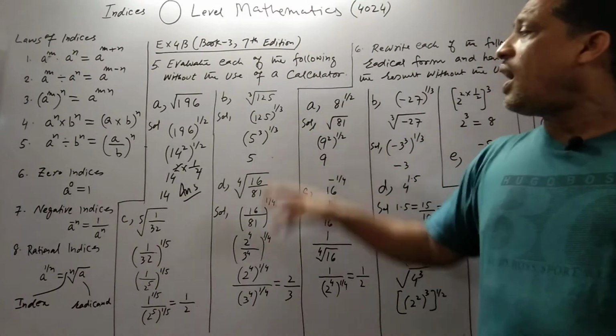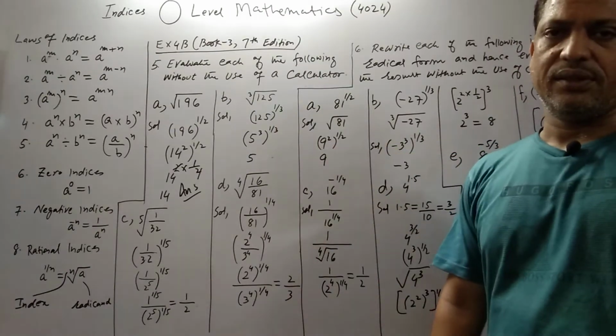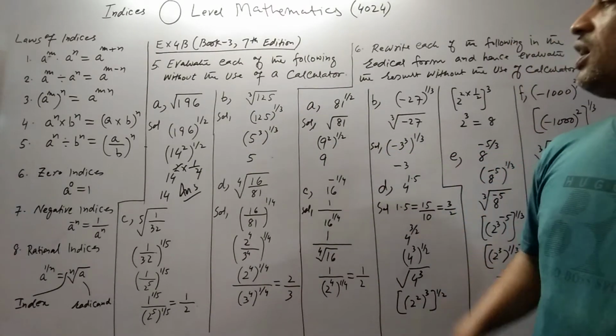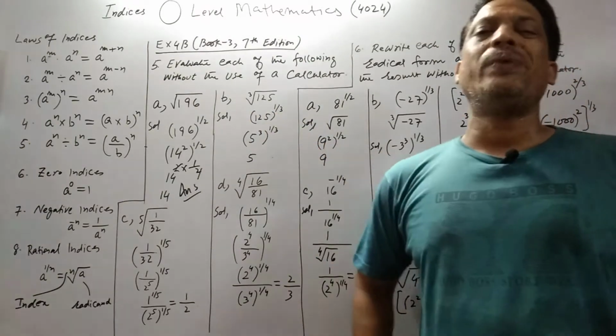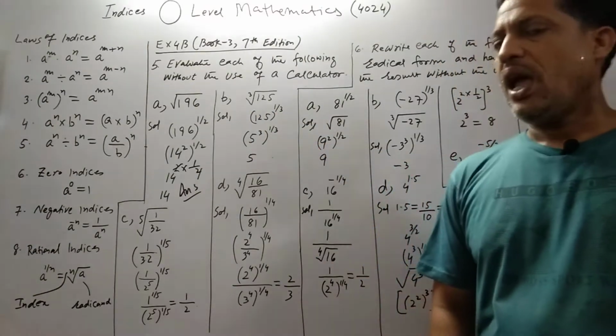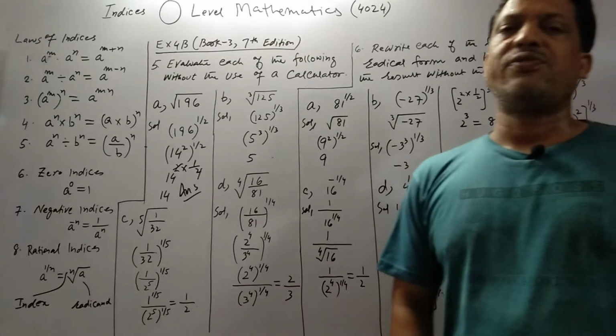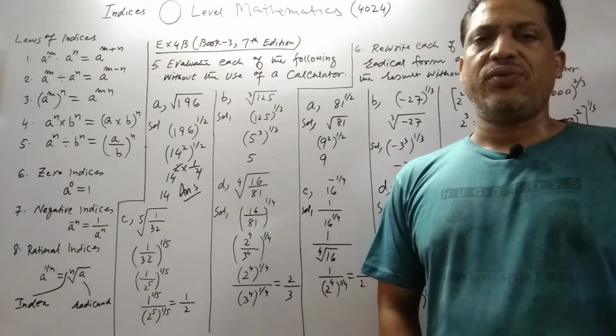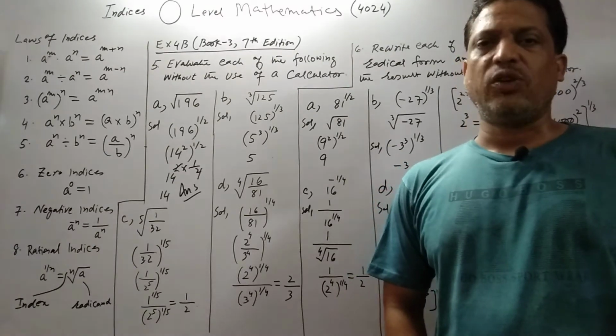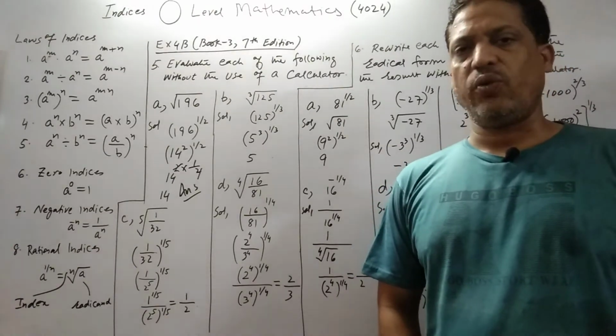Now I want to cancel this 3. How do I cancel this 3? I will find a number whose cube is 125, and obviously 5 cubed is 125, because 5 cubed means 5 into 5 into 5. 5 5s are 25, 25 5s are 125.